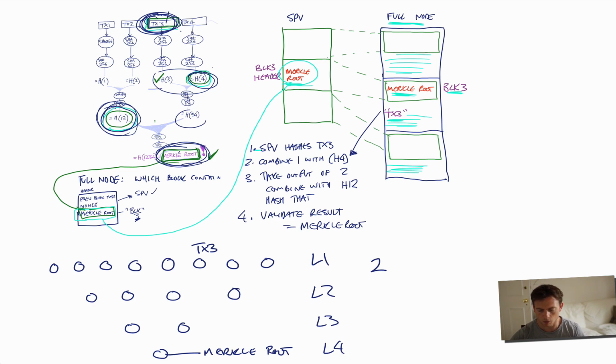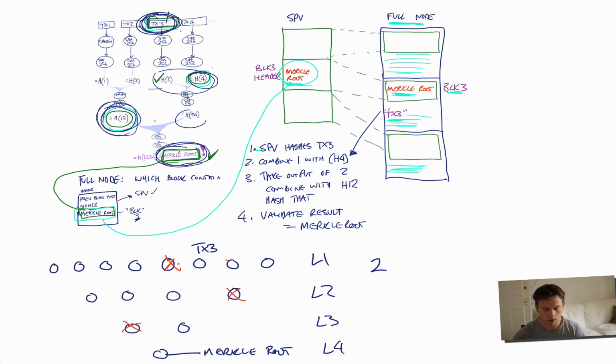So at each point, we know that this transaction is going to pair up with this one, and then those two are going to combine and form this one. That's going to combine with that one and form this one. That's going to combine with that one and form this one, right?